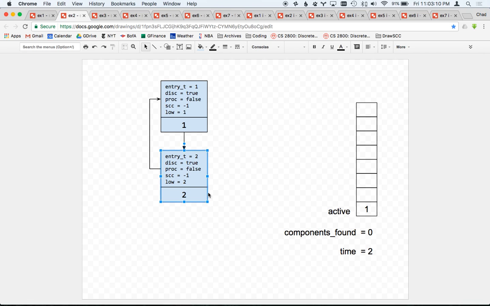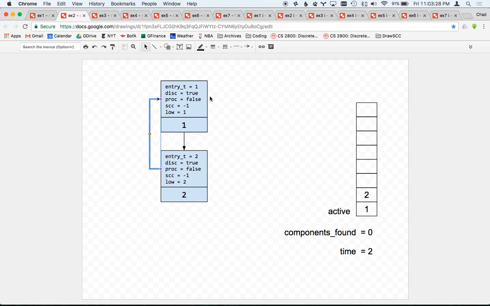And then we are going to process all of the out edges from vertex 2. We also have to push vertex 2 onto the active stack. When we do that, we discover that we have this out edge from vertex 2 back to vertex 1.